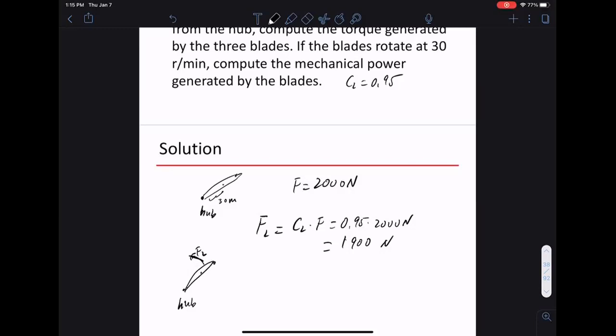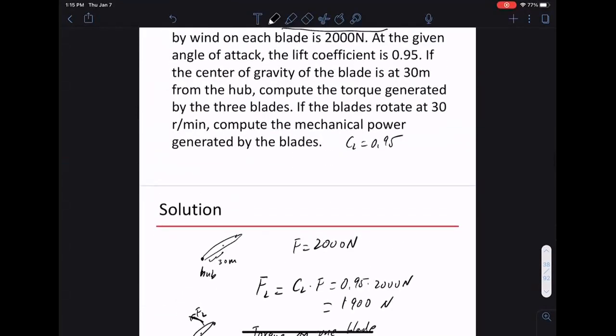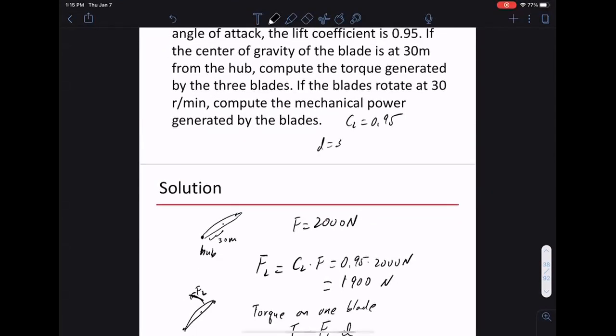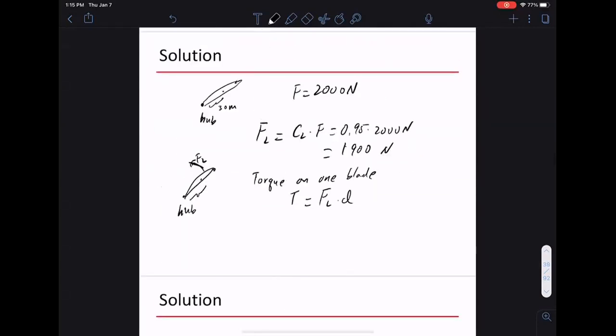So the torque on one blade is the force times distance, how long this is. This distance is 30 meters, the distance from the center of the hub to the center of the blade.